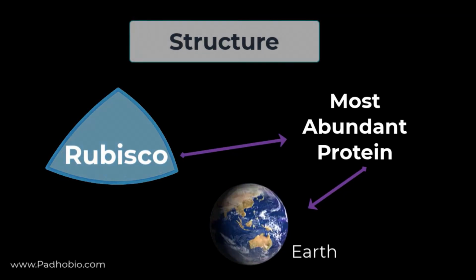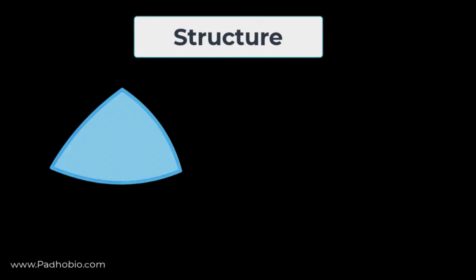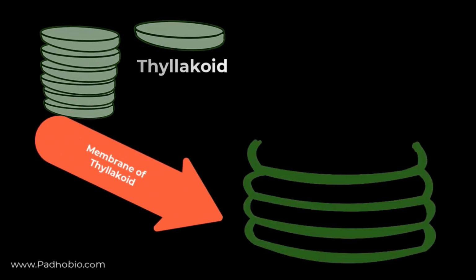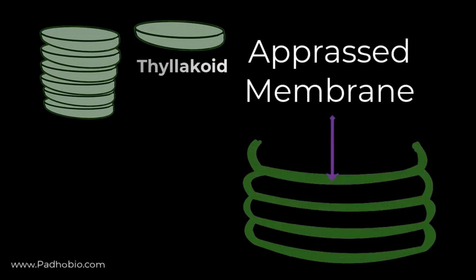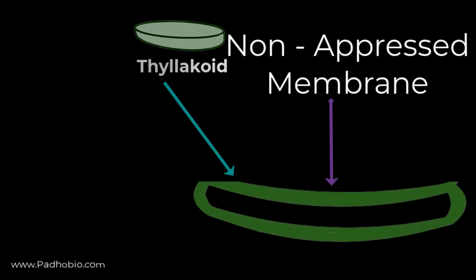Now the last component which needs our attention before directly jumping to the photosynthesis reaction is the granum. Here are some important points related to the granum. When two membranes of thylakoids are attached together with each other, they are called appressed membrane. If the membrane of a thylakoid is not attached with another membrane, it is known as non-appressed membrane.